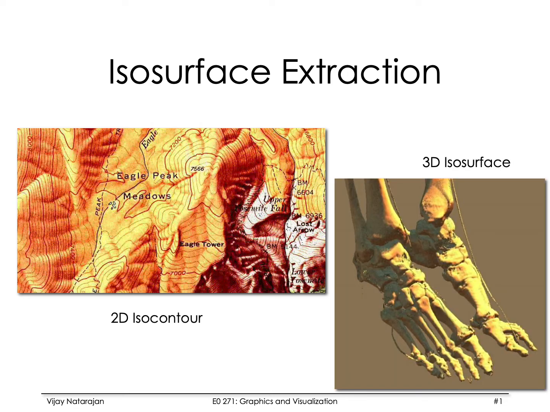This idea extends very well to 3D, where the isosurface now is a collection of points that forms a surface, and it is essentially the pre-image of a scalar value.